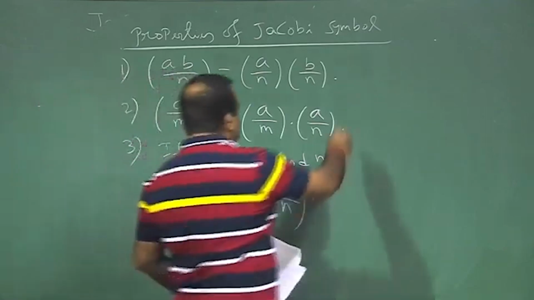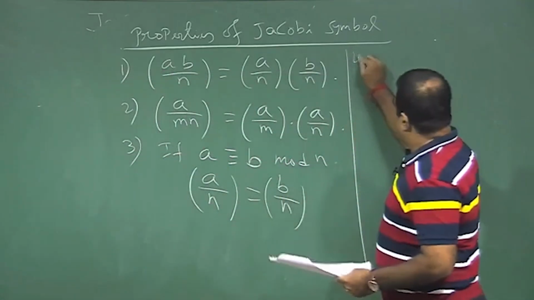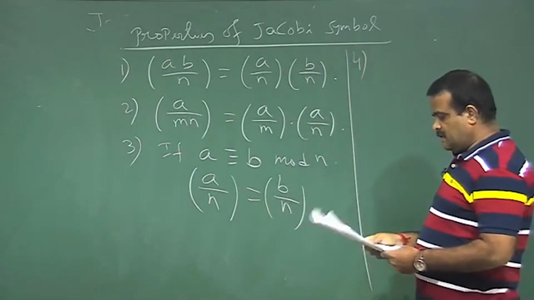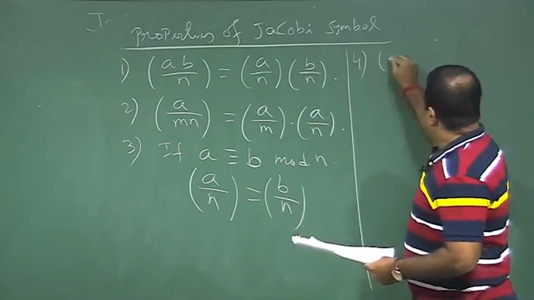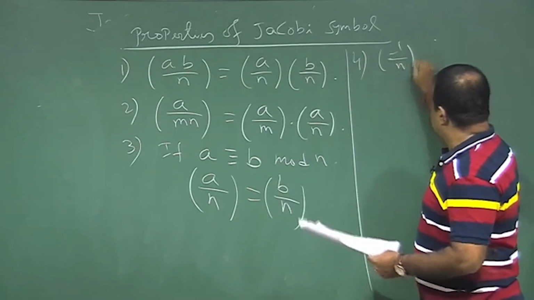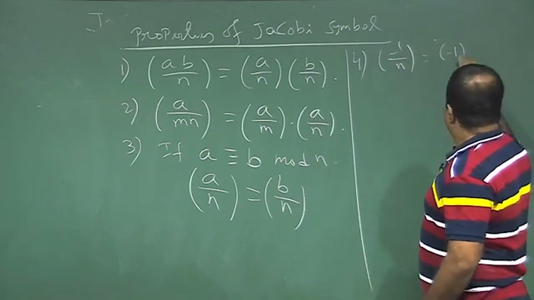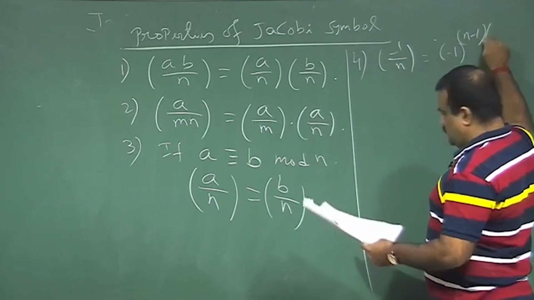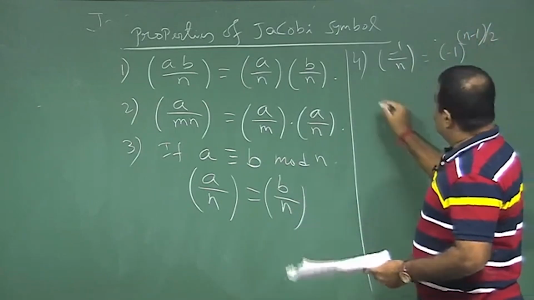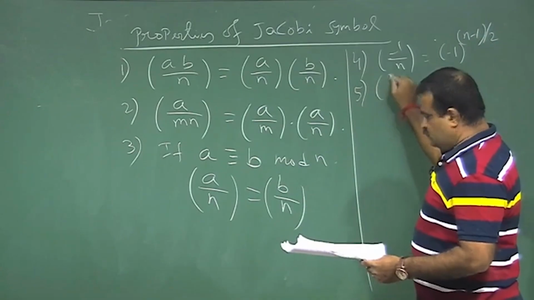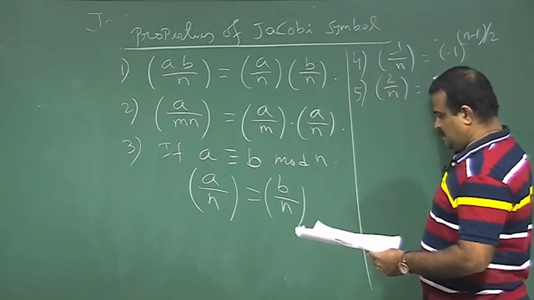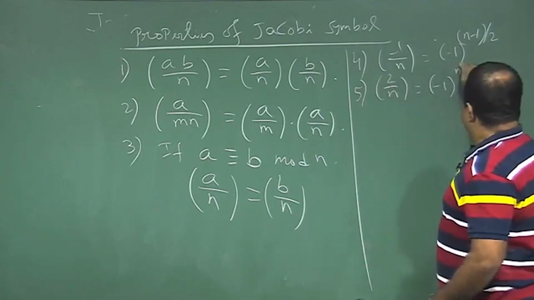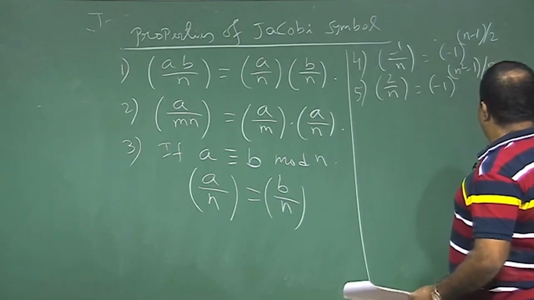A similar proof we can do as when n is prime. That proof comes from the Euler criterion, but this can be easily proved. Another result: minus 1 by n, which we have seen, is minus 1 to the power n minus 1 by 2. And 2 by n is equal to minus 1 to the power n square minus 1 by 8.